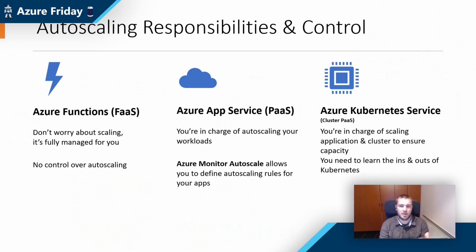But if you run Kubernetes on Azure Kubernetes Service, it's more of a cluster platform as a service, meaning you still need to scale your cluster and your application, and you have to understand how all of that works. So with KEDA, we want to make it a lot easier for you and basically give you the simplicity of scaling as it would be on Azure Functions, but bring it to Kubernetes.